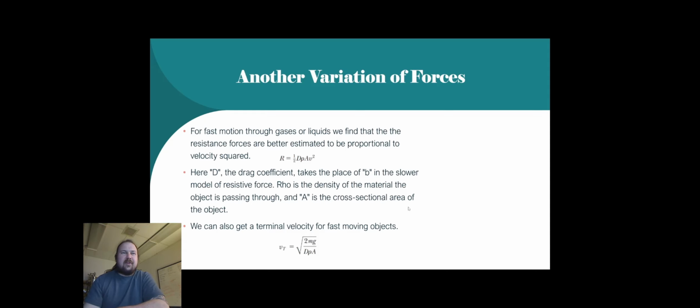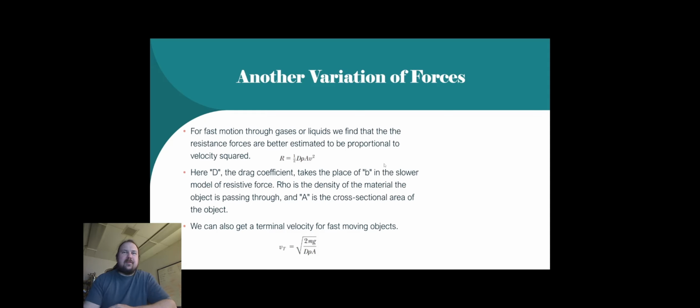So cross-sectional area, of course, matters in this. This is why a lot of our vehicles, especially sport vehicles, have a lot of curves and are small and sleek, because they want to keep that surface area to a minimum, compared to a Greyhound bus, which has one job of hauling people. So it has a large cross-sectional area in the front. Okay. And I think you get that anyway.